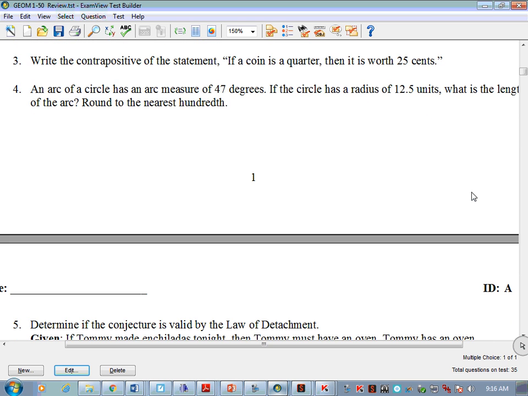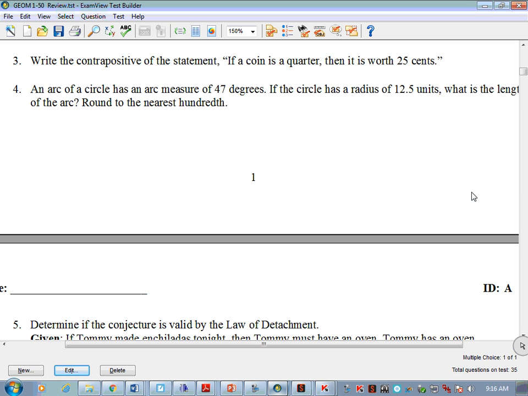Okay, number 3, write the contrapositive of the statement, if a coin is a quarter, then it is worth 25 cents. Okay, what does a contrapositive do? Contrapositive, what does it do to a statement? Erica?